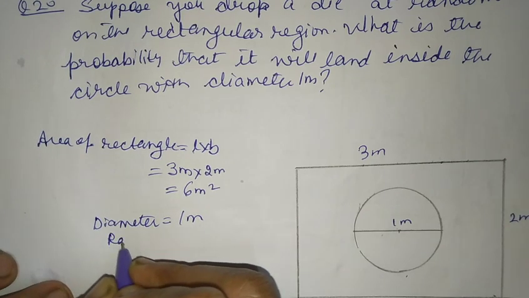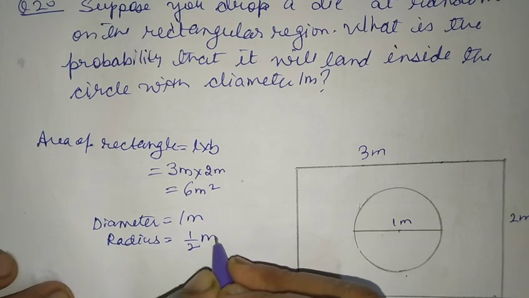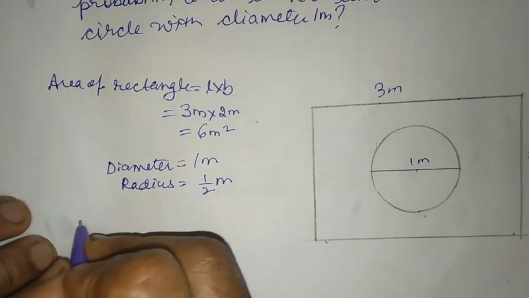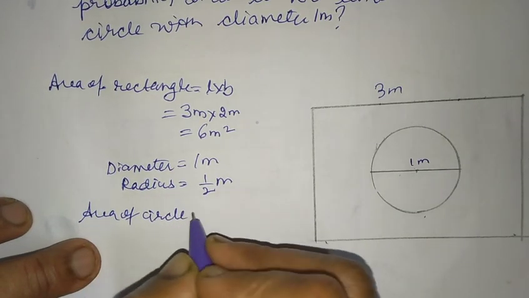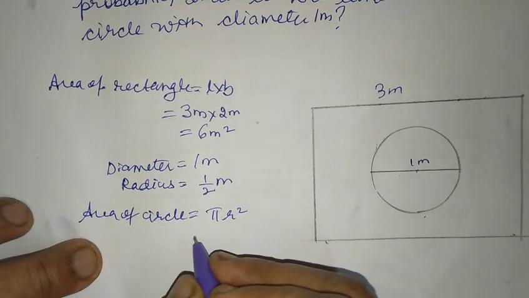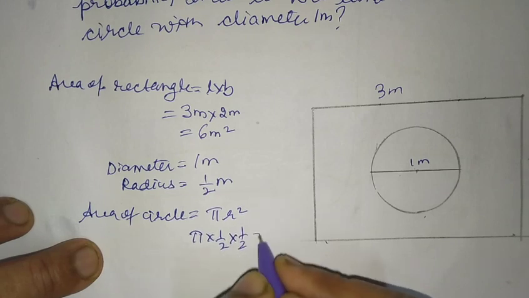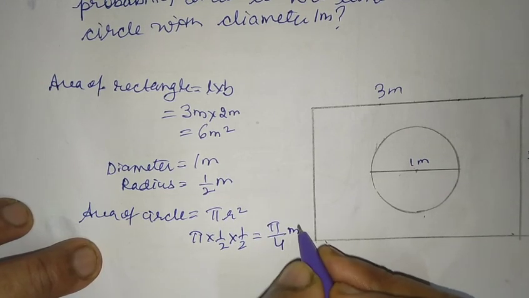So radius is 1 by 2 meter here. Radius is half of diameter. Now the area of a circle we know is pi r square, that is pi into 1 by 2 into 1 by 2, that will be pi by 4 meter square here.